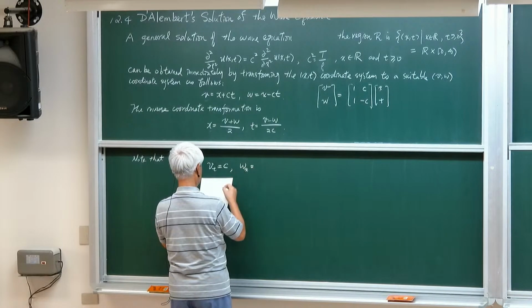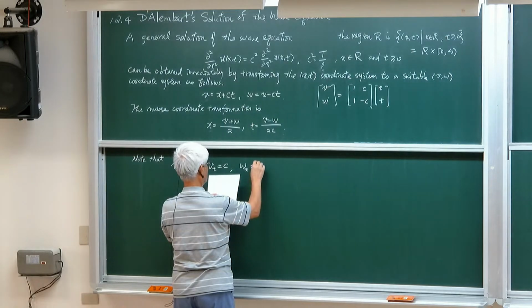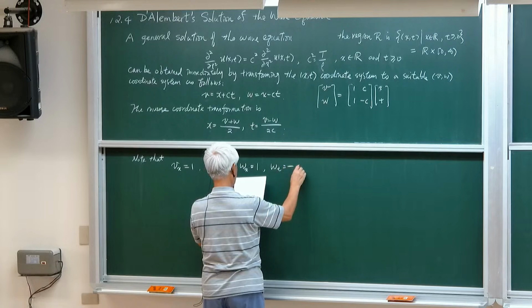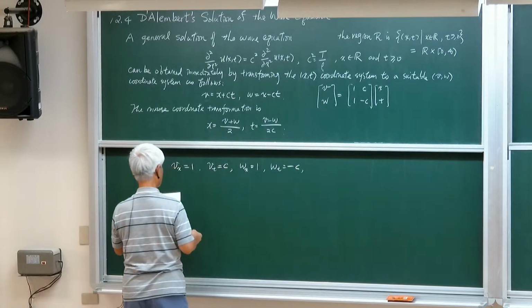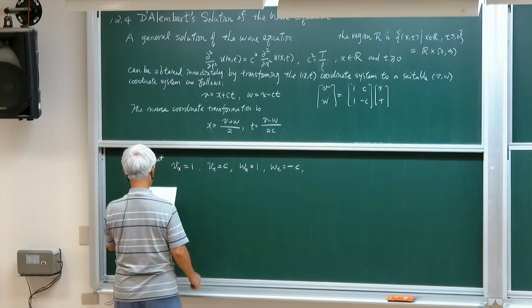The partial derivative of the w coordinate, w sub x, is 1, and w sub t is minus c.